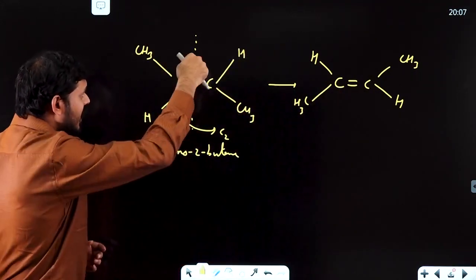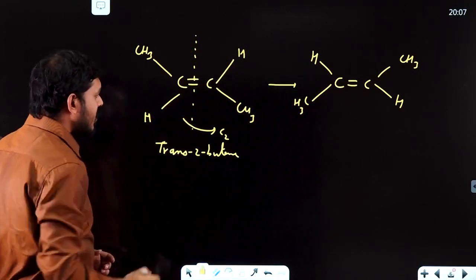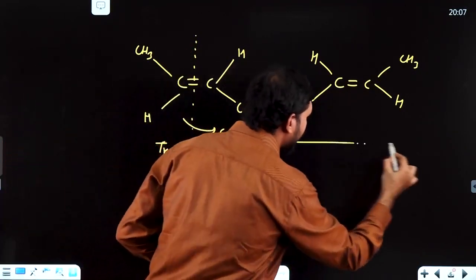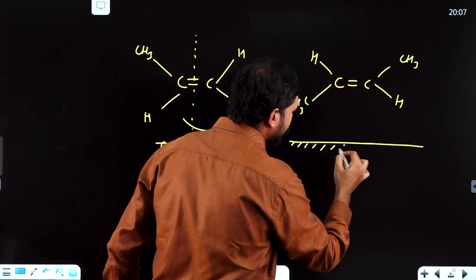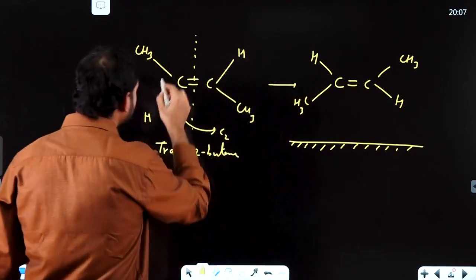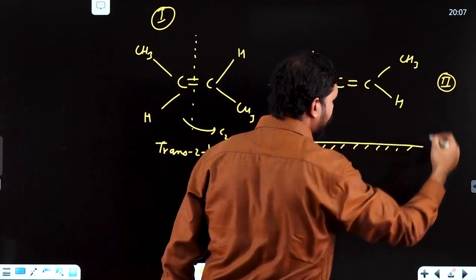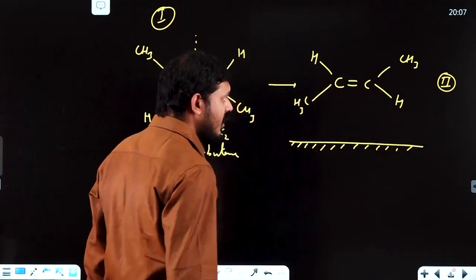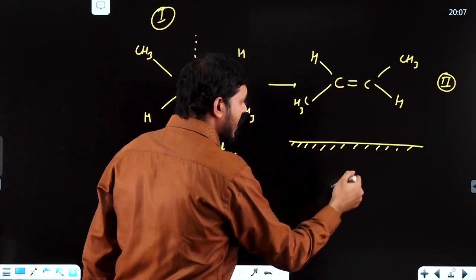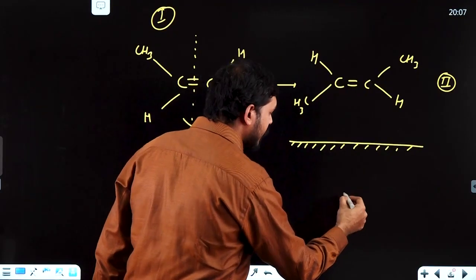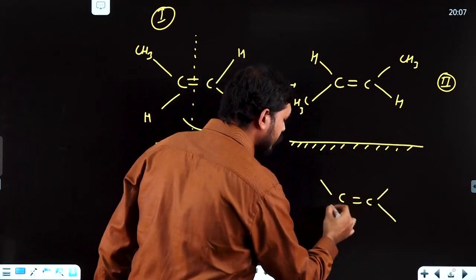Now as we see, since I have taken this part as a plane, the mirror must be kept here. This is our compound number 1, this is compound number 2, and now when we place the mirror here, we can see that the mirror image will be obtained like this.